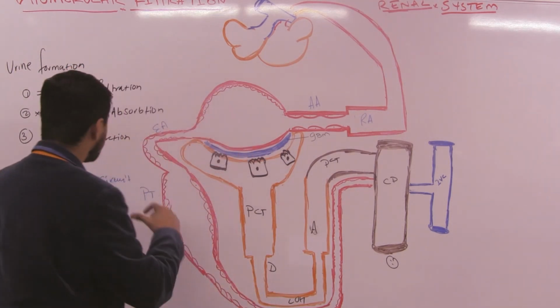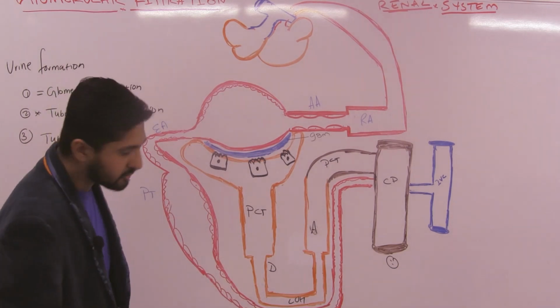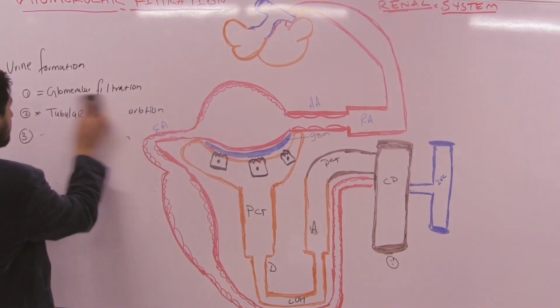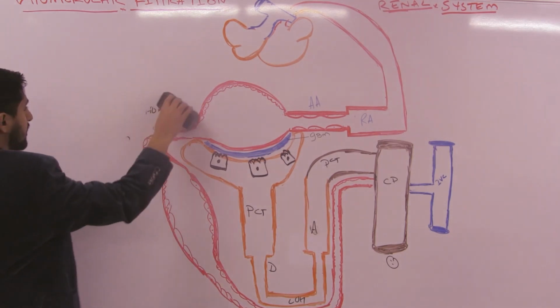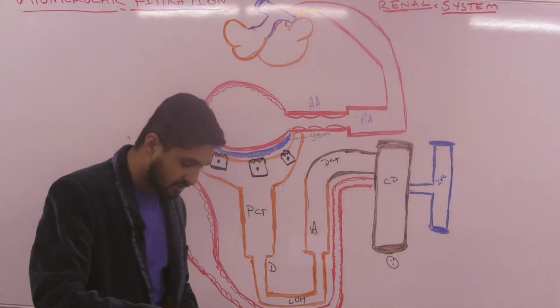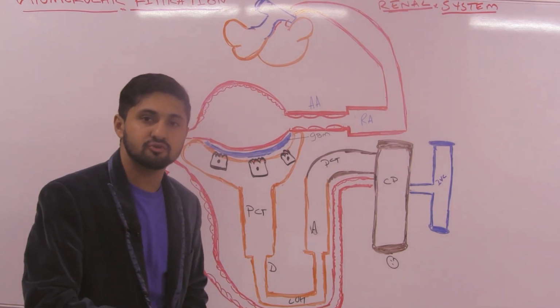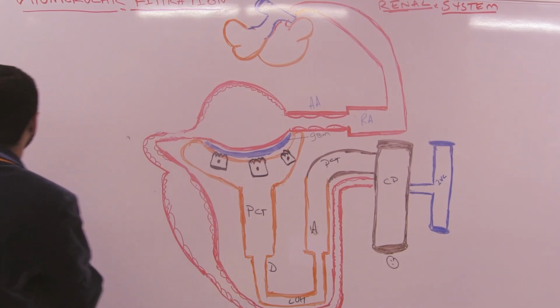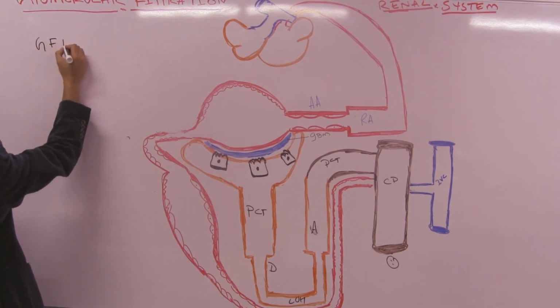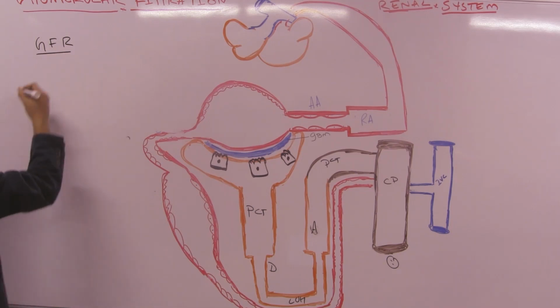Now, if you come back here, whenever we talk about glomerular filtration, one thing that we have to talk about is something called glomerular filtration rate, okay? What does that mean? I have to define that. You probably have heard this a lot. This is called glomerular filtration rate.